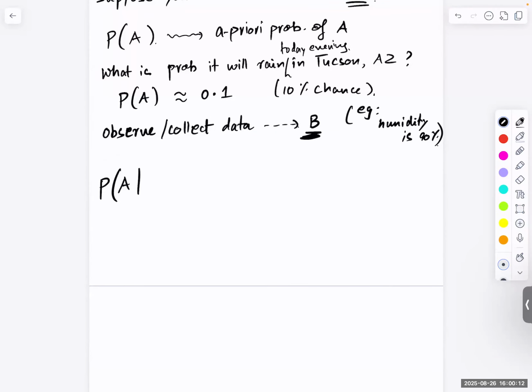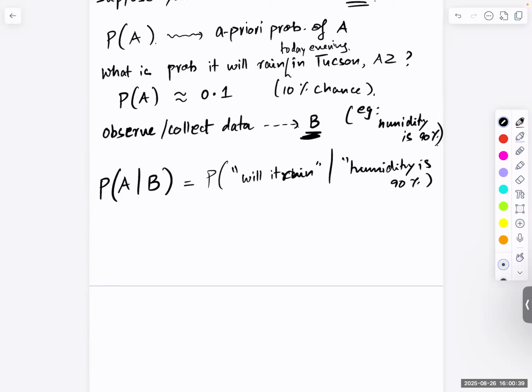What's the probability of A given B? Or in other words, what's the probability of rain, or the chance of rain, given humidity is 90%? So what do you think? The answer will not necessarily be the same as 10%. Your estimate will potentially change, right?